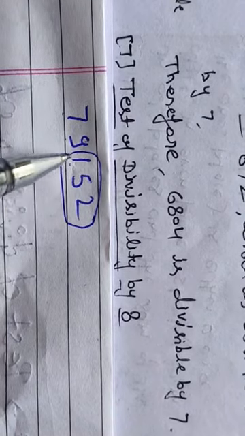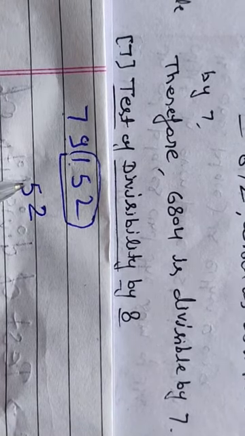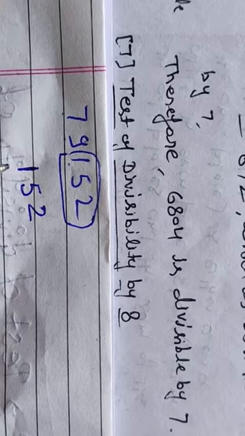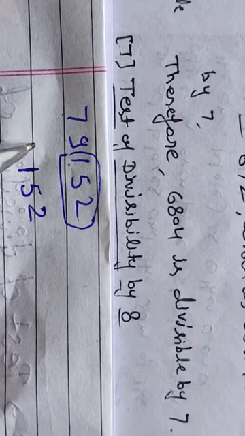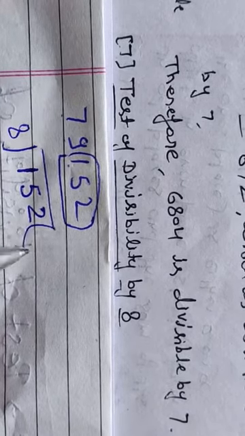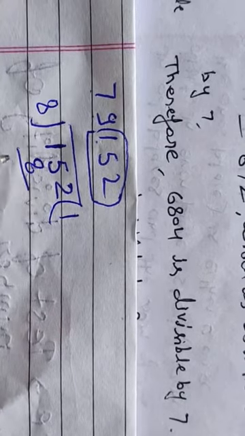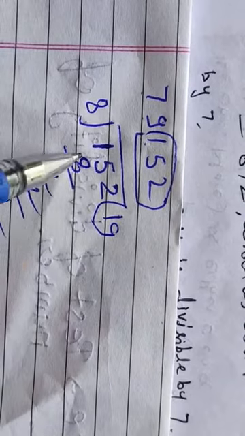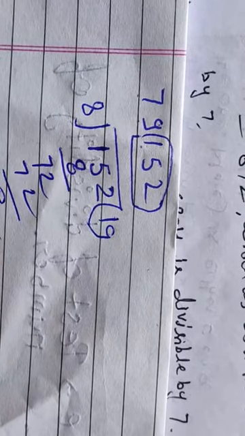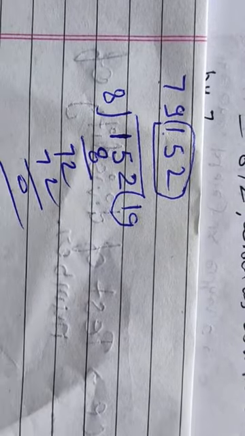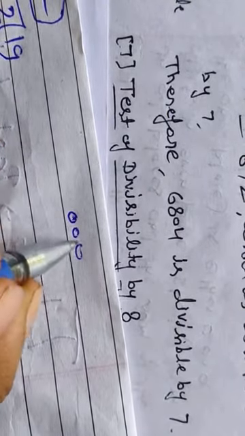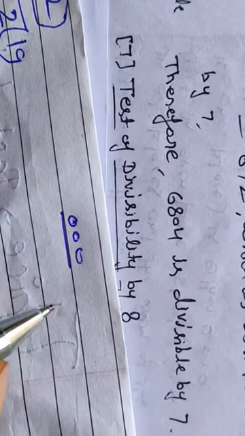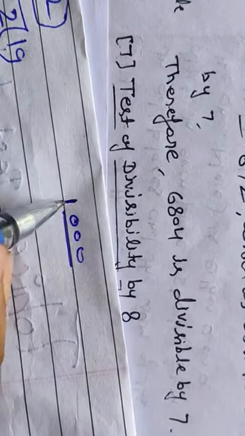So the number formed by the one's place, ten's place and hundred's place digits is 152. If it is divisible by 8, 8 times 9 is 72, then the given number is also divisible by 8. Okay, and if the last 3 digits are 0, then the given number is divisible by 8.